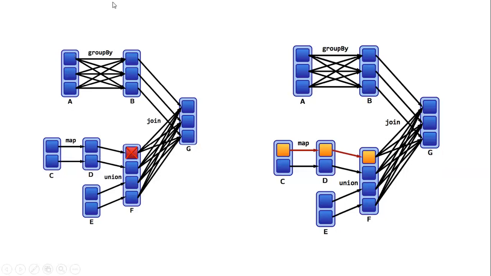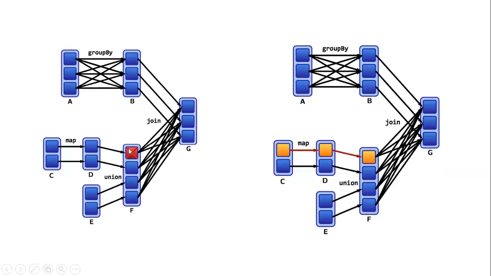Let's say this is the same Amazon operation. You've done a group by, map, and then a union, and then you are about to do a reduce operation. You are trying to join these two RDDs, and when you're about to join the two RDDs, this partition is lost.